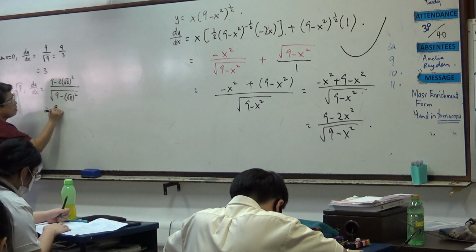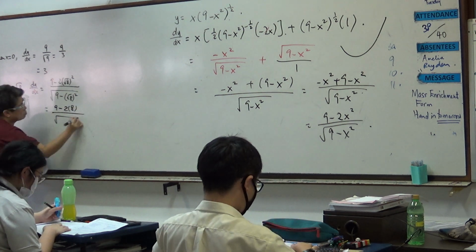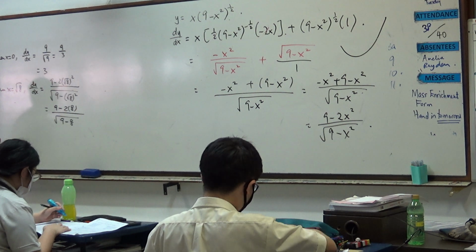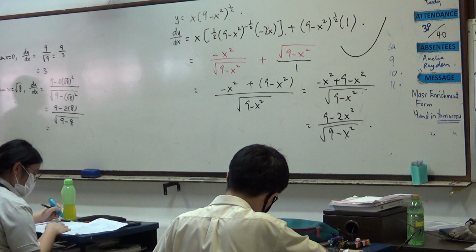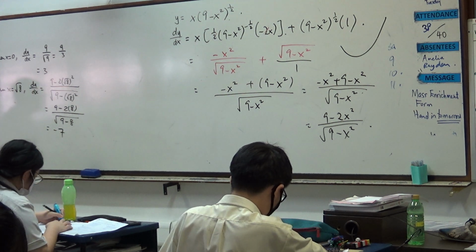Actually, this is 9 minus 2 times 8 over square root of 9 minus 8, right? Actually, the bottom is 1, right? Can you see the bottom is 1? So what is this? 9 minus 16. Negative 7. Agree or not?